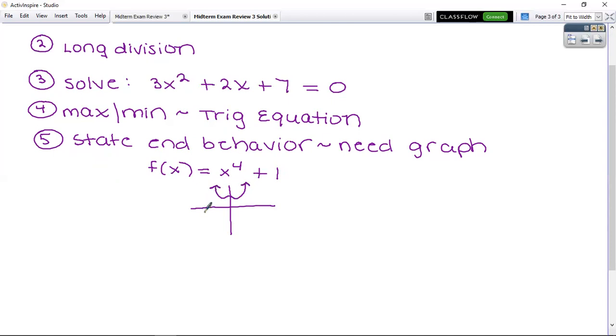Now to do end behavior, I'm going to look at what do the ends of the graph do as I head left and right from 0. So let's do left first, I guess. So I'm going to say as x approaches negative infinity. So what does that mean in words?